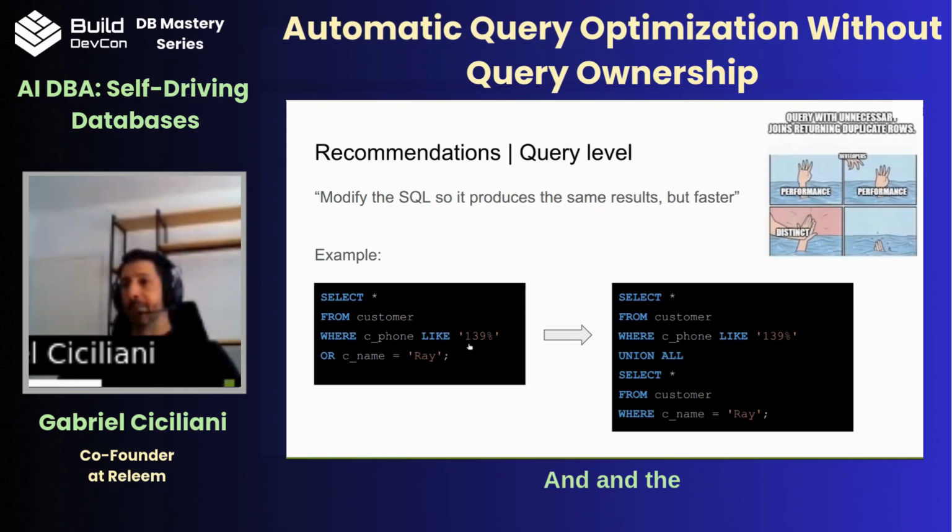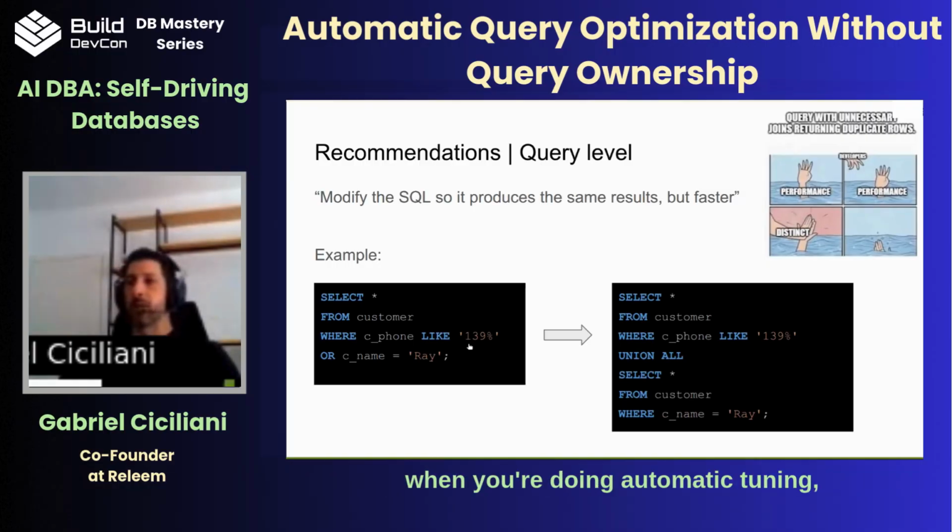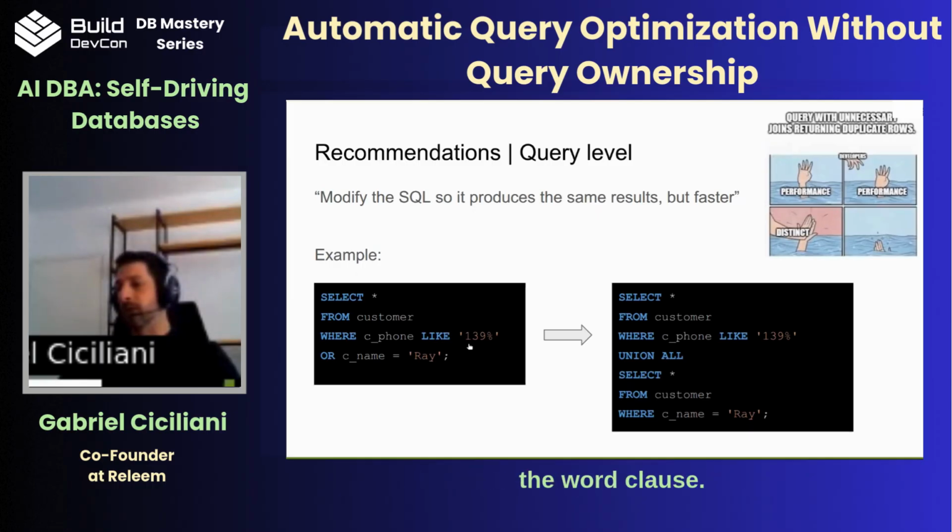And the challenge of these types of recommendations is that when you're doing automatic tuning, you lack functional context, right? In some scenarios, perhaps it would be useful for your query if another column is included in the where clause, so an index becomes more useful and selectivity improves.